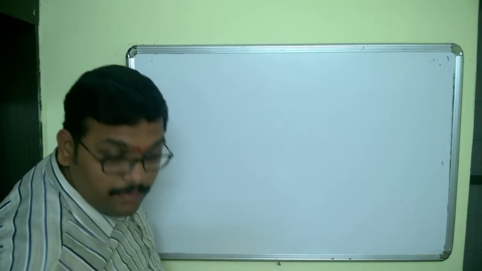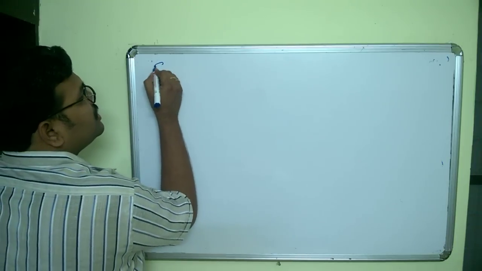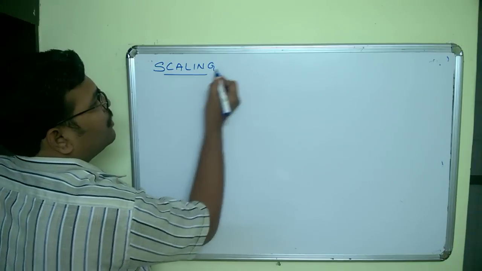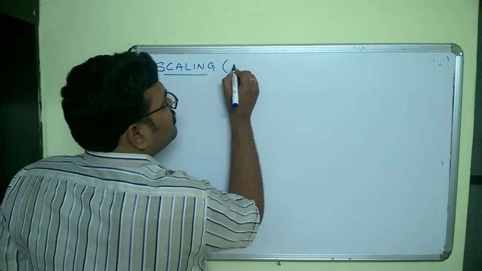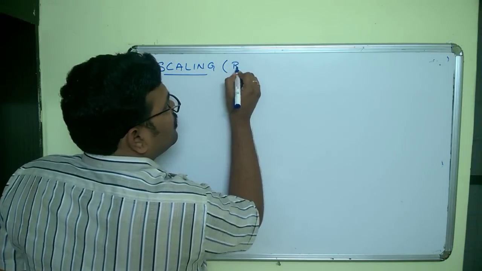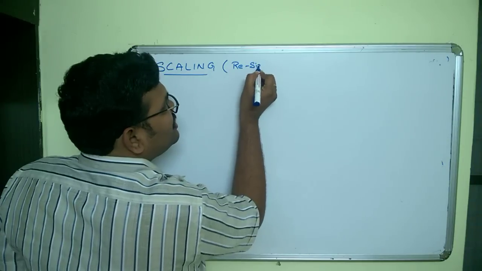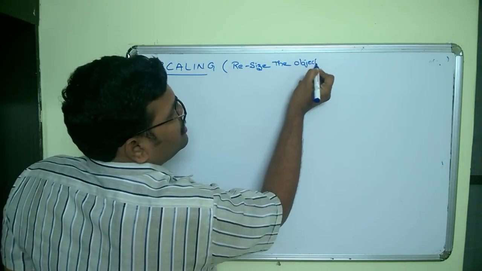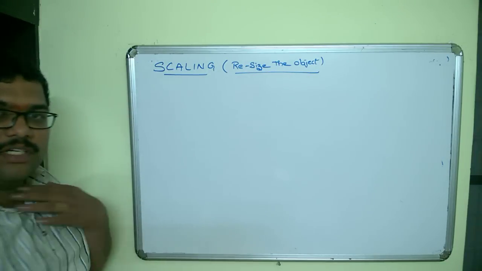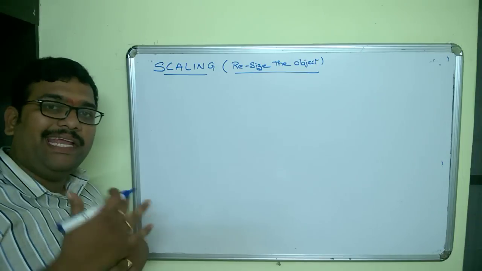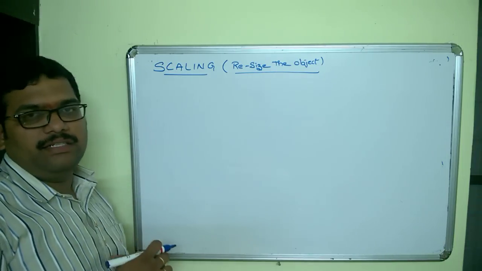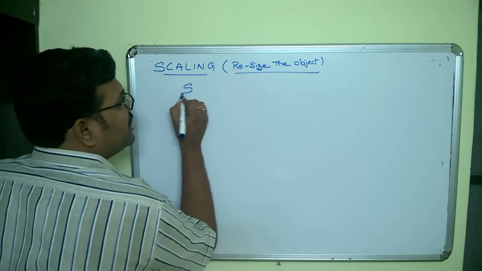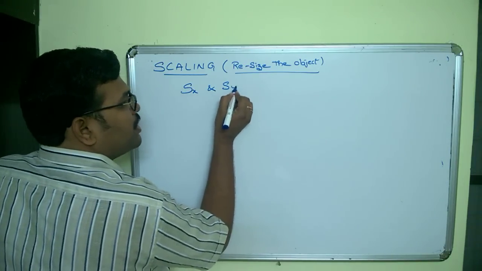Now the second transformation is scaling. Scaling means resizing the object. The size of an object may increase or it may decrease. Here also we will use two scaling factors, Sx and Sy.